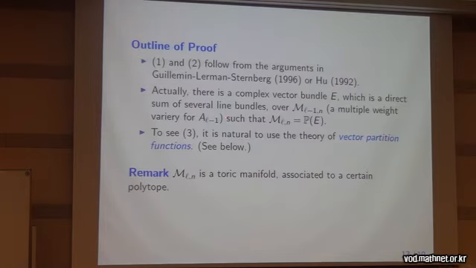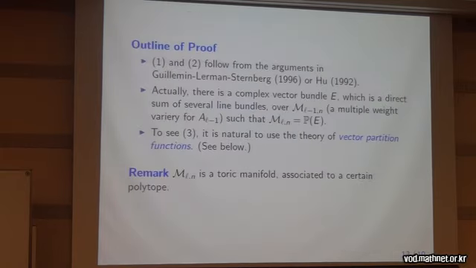On the other hand, MLn is a multiple weight variety for AL, and the base is this one, ML-1n. Anyway, E is the sum of line bundles over this, such that our MLn is a projective bundle associated to E. This is a key point to prove 1 and 2.